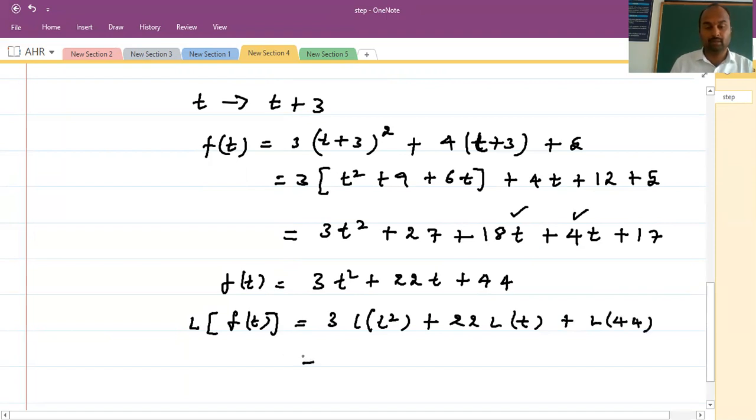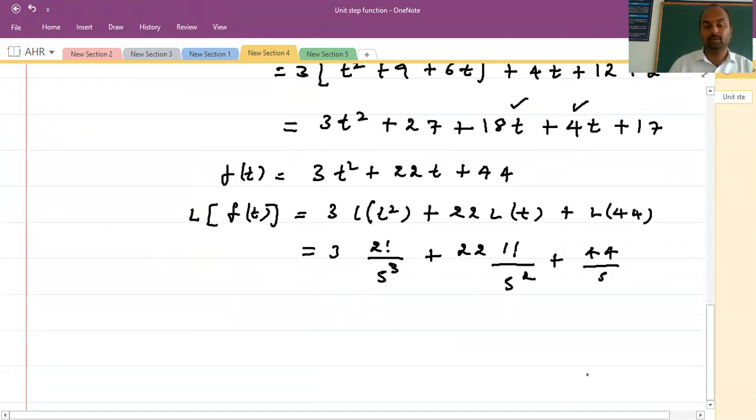Laplace transform of t square is 2 factorial by s to the power of 2 plus 1, that is s cube. 22 into Laplace transform of t is 1 factorial by s square, plus 44 by s, since Laplace transform of 44 is 44 by s.